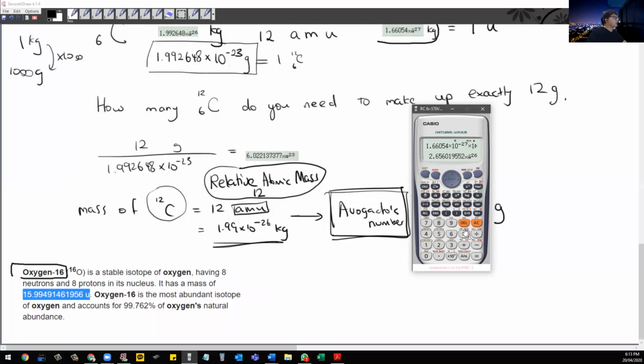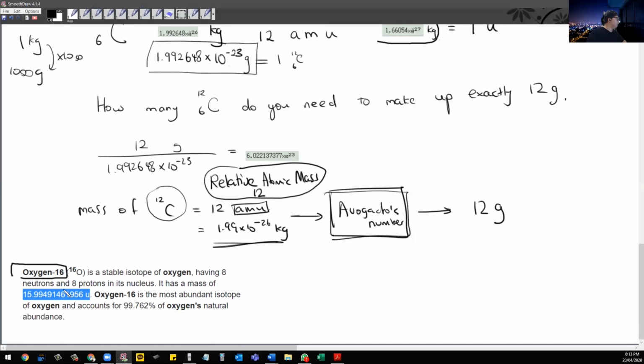Now I'm going to times that by the Avogadro's number that we derived. We're going to collect that many of that mass. 6.022137723 gives 0.01599491462.